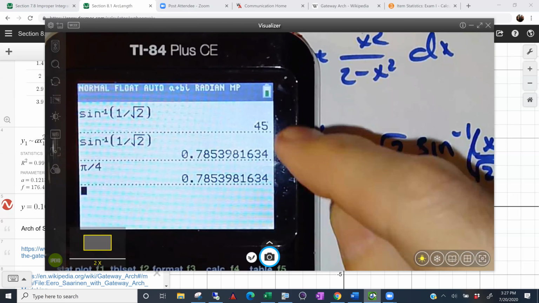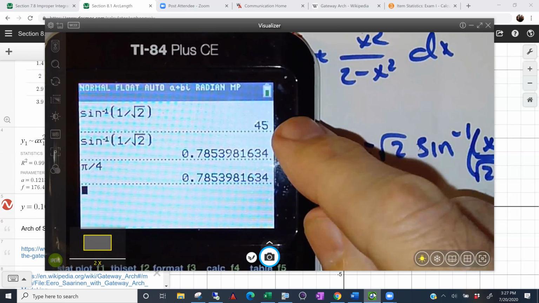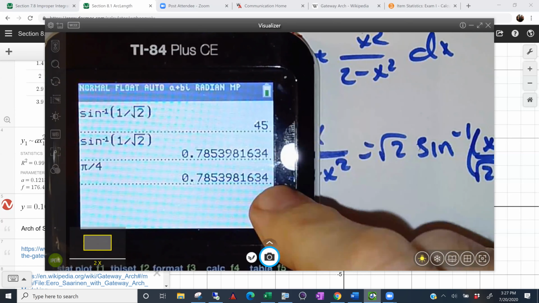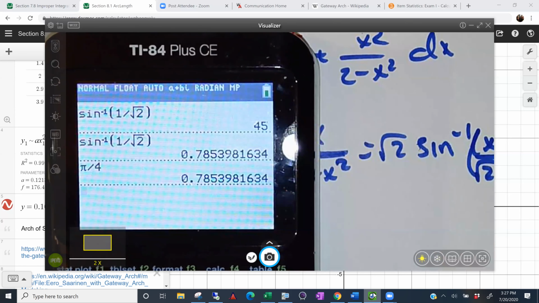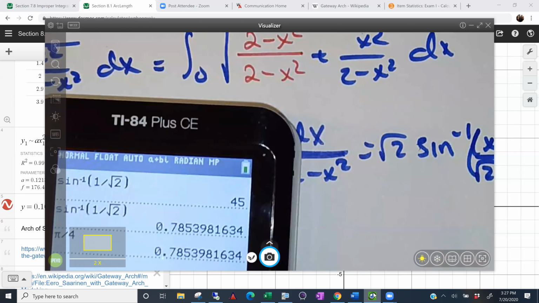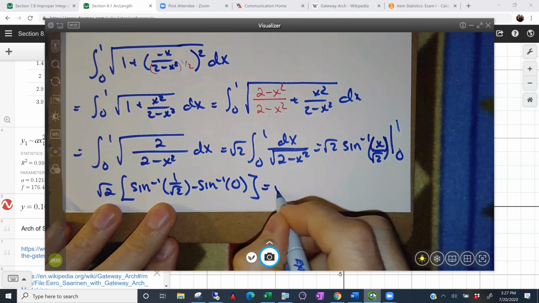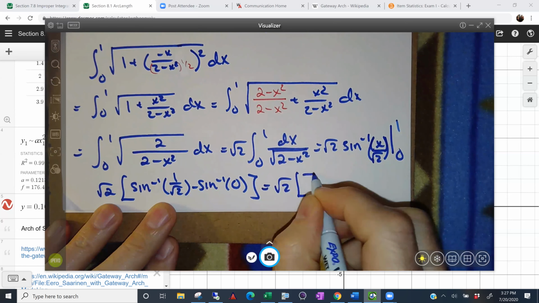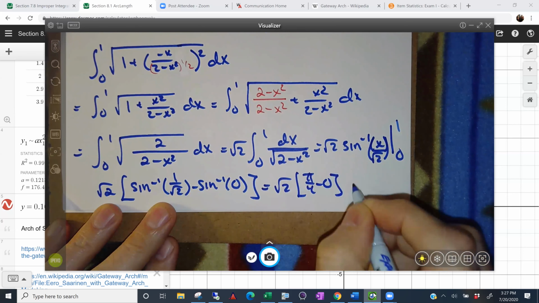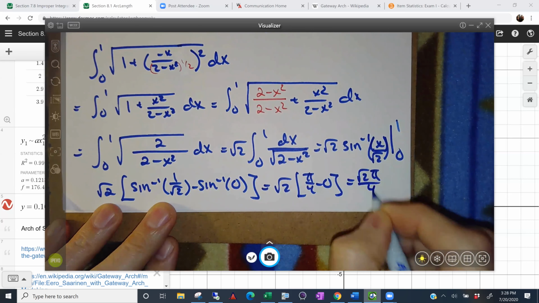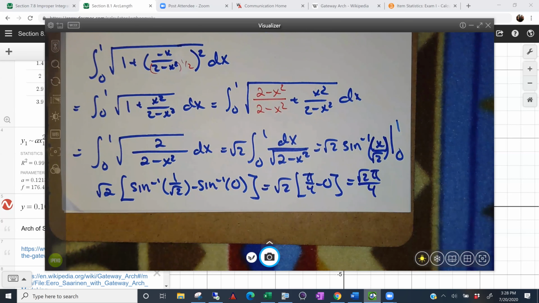But if you put it in degrees and then say, okay, well, I can translate that to pi over 4 pretty easily. And you can double check yourself if you want to. So that's kind of a workaround if you've forgotten some of your trig values. Square root of 2 times pi over 4 minus 0 is simply square root of 2 times pi over 4 for your final answer.